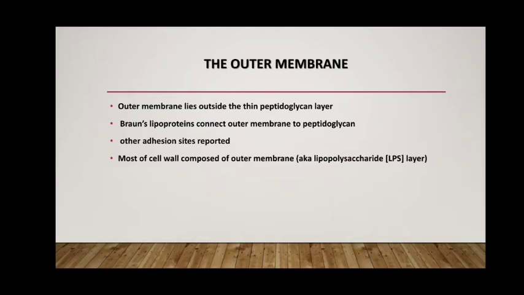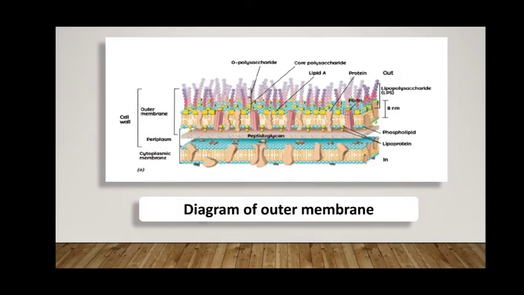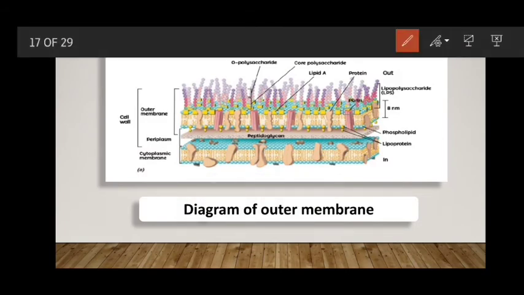Here we can see the diagram of the outer membrane of a gram-negative cell wall. The cell wall is divided into two components, the outer membrane and the periplasm. Below the cell wall there is the cytoplasmic membrane, also known as the plasma membrane, and above the periplasm we have the outer membrane.